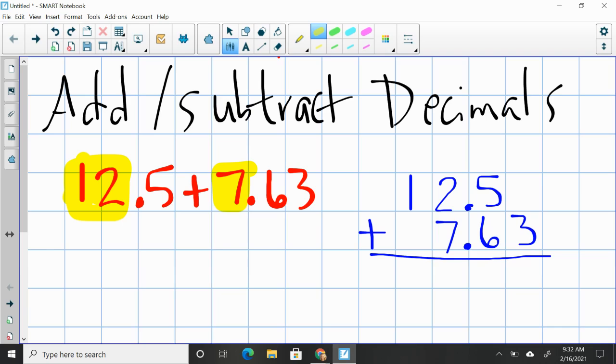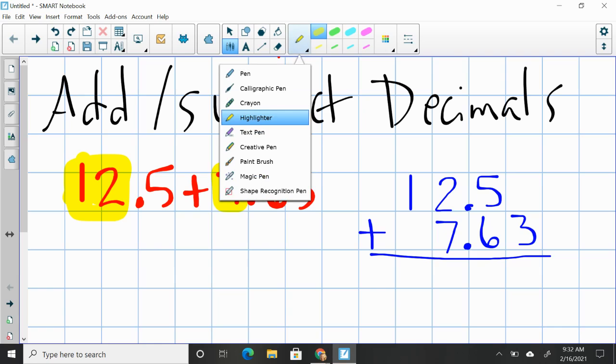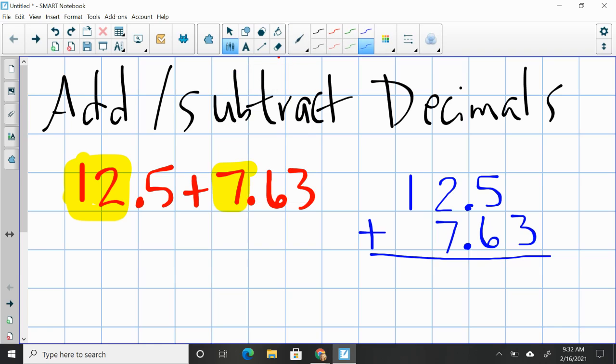So I know that my answer is going to be somewhere in between 19 and 21. My answer is going to be somewhere in the middle of those whole numbers, okay? So if I add these and I don't get something that's between 19 and 21, then I've made a mistake somewhere, okay?